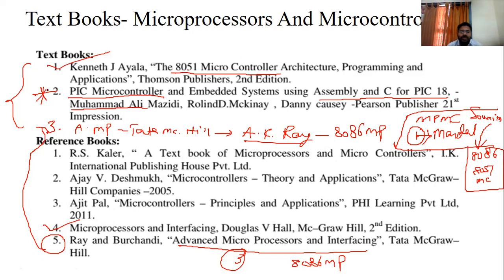For the other textbook you can take a xerox because it is very costly, and you are using only two chapters for this entire test. So you can take the xeroxes. Mandal will cover 80% of the syllabus of 8086 and 8051.